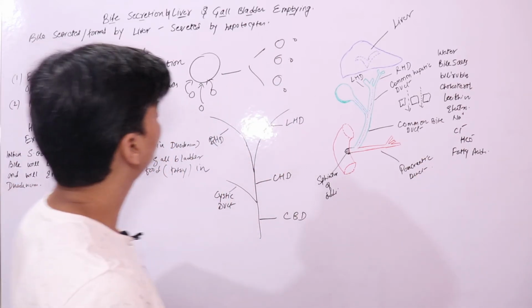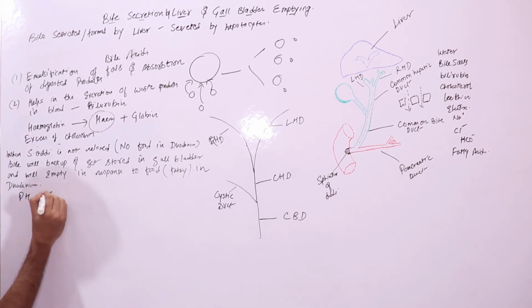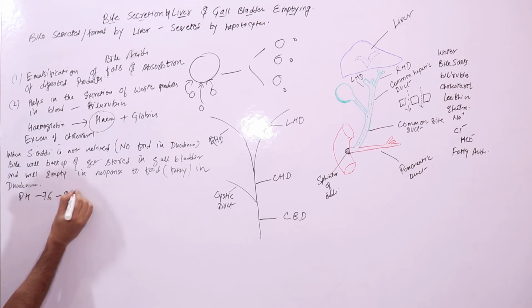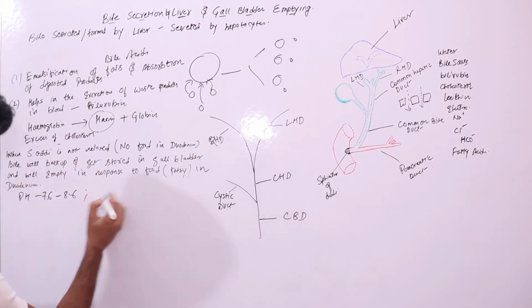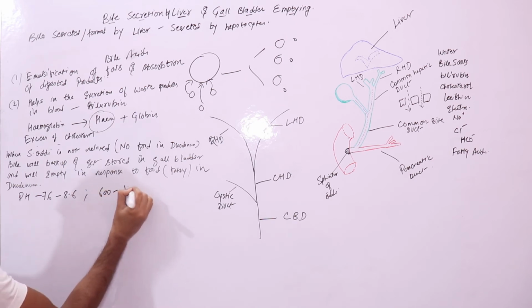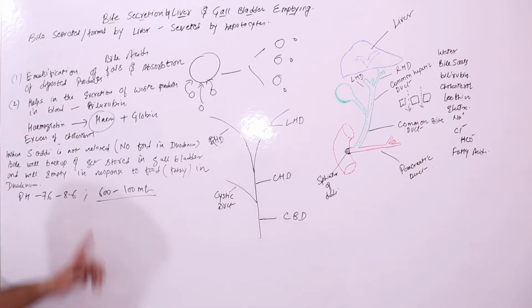So the pH of bile is 7.6 to 8.6, which is slightly towards the alkaline side, and its secretion is 600 to 1000 ml in a day, right.